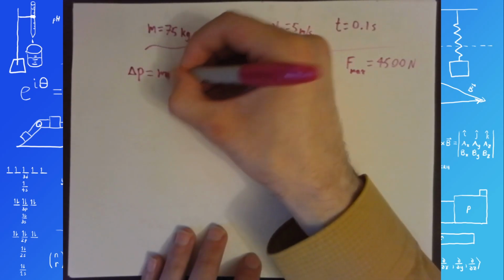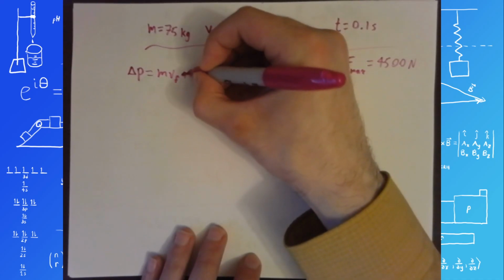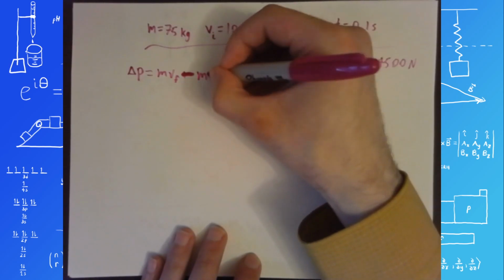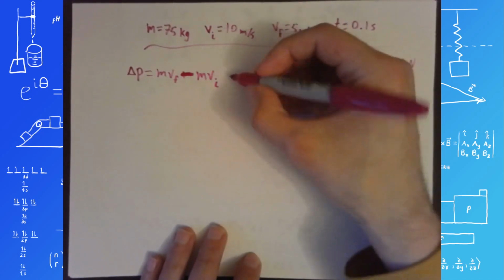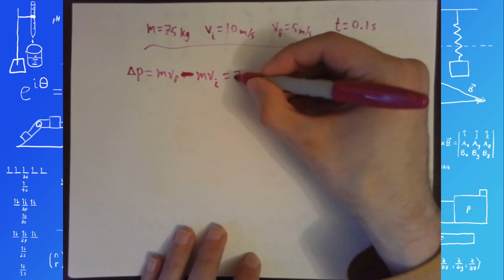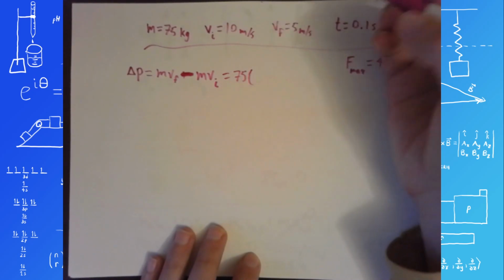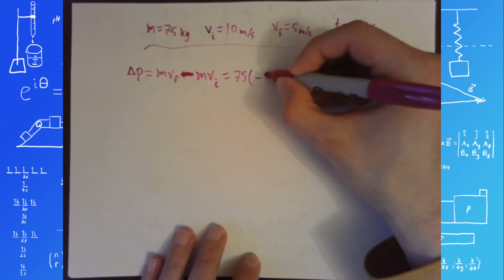It is going to be mv final minus mv initial. We can factor out the m, and then we can do 75 kilograms times v final minus v initial, or delta v. 5 minus 10 is -5.